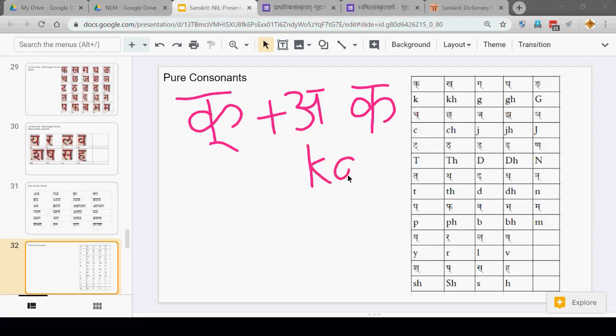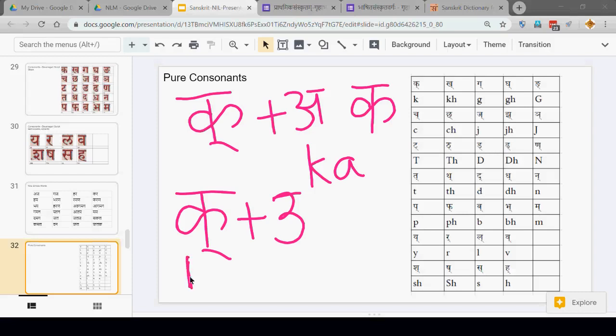Or like this ka in the transliteration. Then if I add another, a different vowel, suppose if I add u to it, I will just for now write it as k plus u in the transliteration.